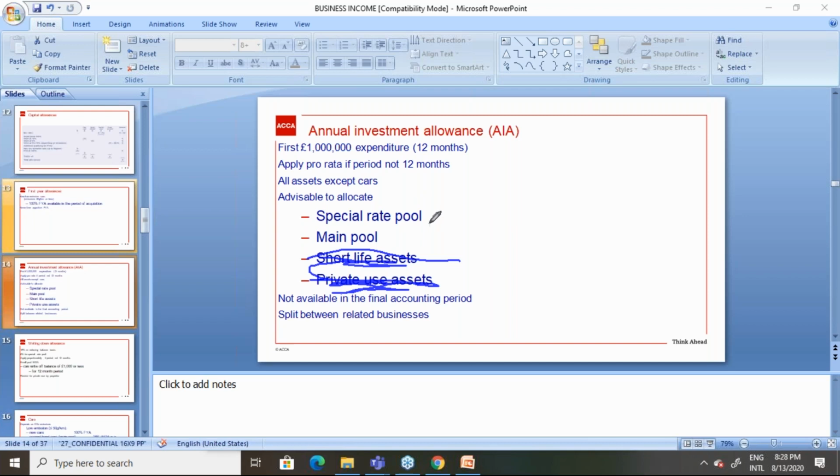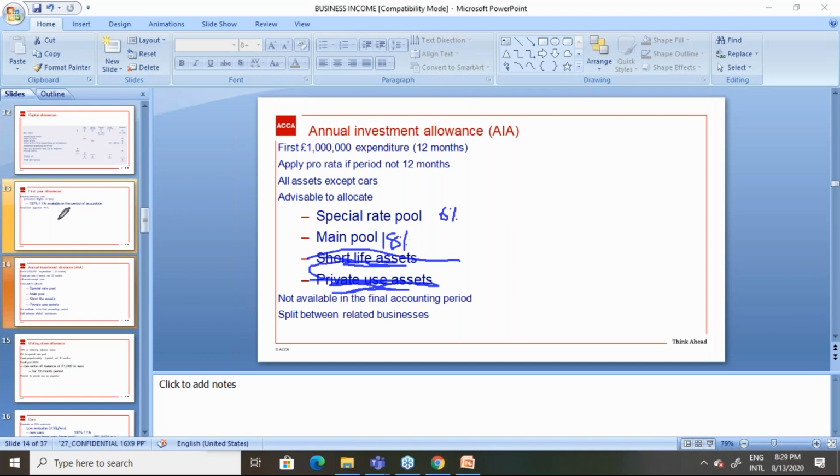it is always advisable for you to claim annual investment allowance on special rate pool, because if you miss the opportunity on special rate pool plant and machinery, you can claim WDA at 6% only. But main pool, even though you miss the opportunity of claiming annual investment allowance, still you're in a position to claim WDA at 18%.